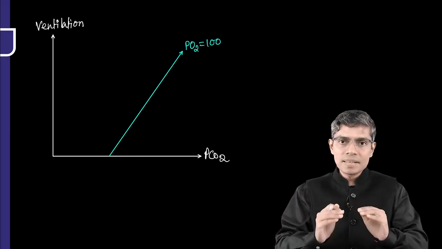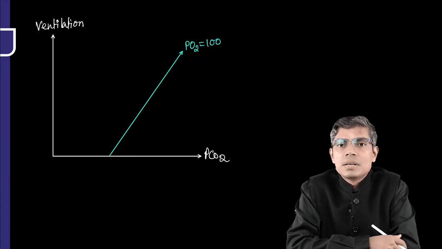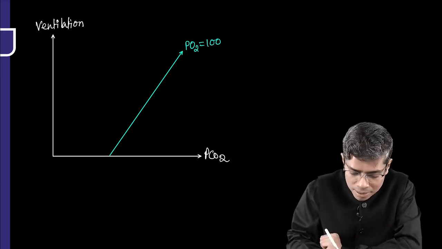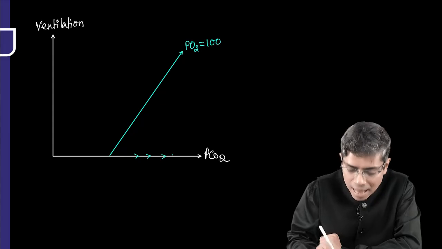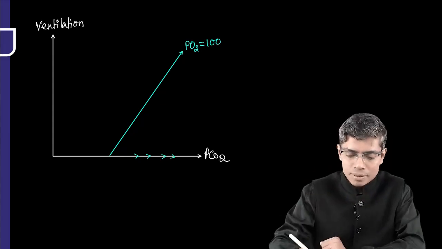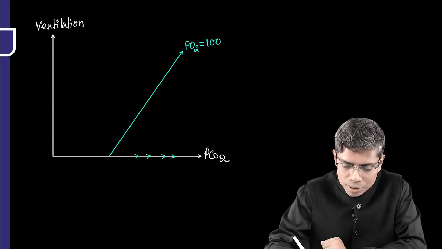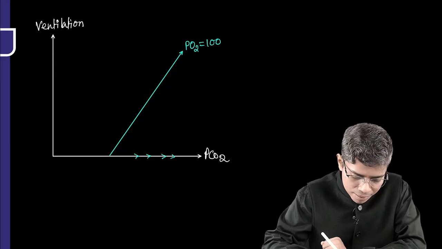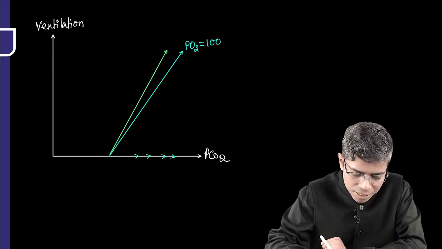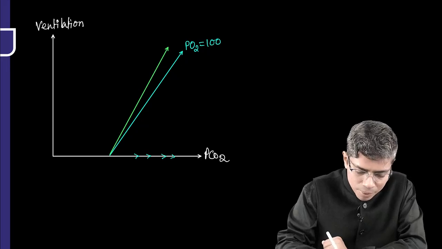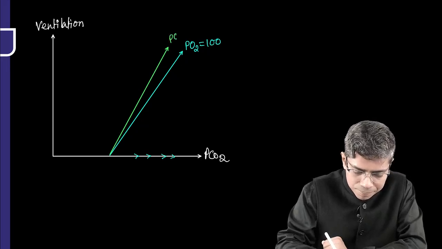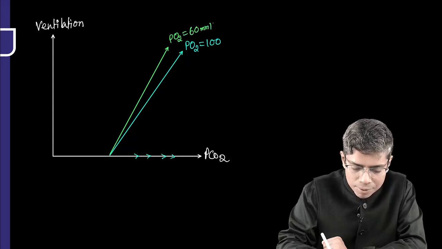Okay. Now if there is additional hypoxia in the body, so hypercapnia means carbon dioxide is rising in your body as well as hypoxia, what will happen? You will find a curve which looks like this. Suppose the partial pressure of oxygen here is 60 millimeter of mercury.